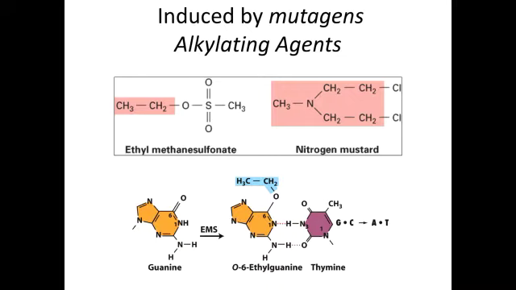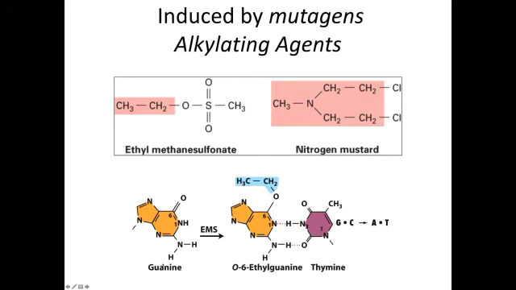EMS is probably one of the more commonly used mutagens in laboratories. I told you at the beginning of the class that oftentimes geneticists would use X-rays or UV, but now most mutation that's induced randomly is induced by this EMS compound.